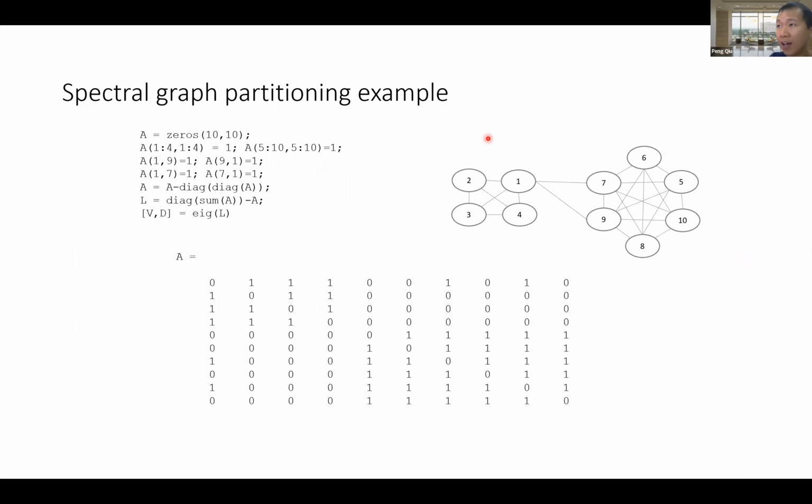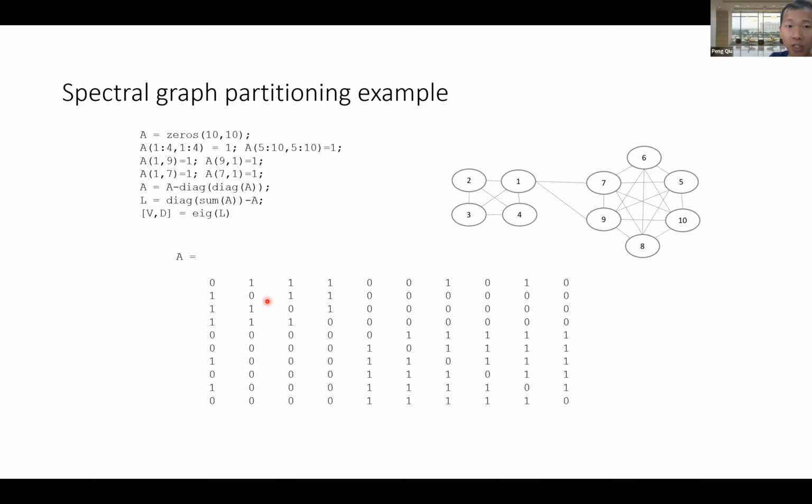Let's say we have a bunch of nodes, data points we want to cluster, 10 of them, and let's say the weights are defined to be just 0 and 1. Similar nodes are connected with an edge that has weight 1, and far away nodes are just not connected at all. Okay, so then this is our W weight matrix.